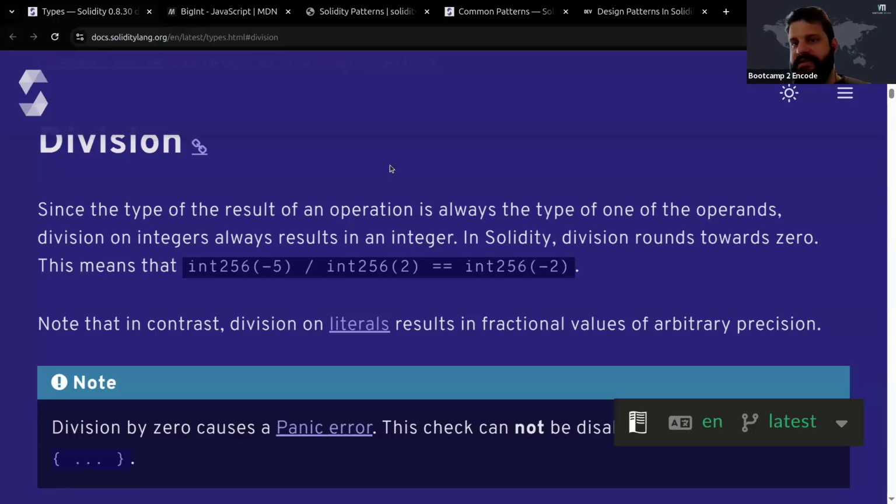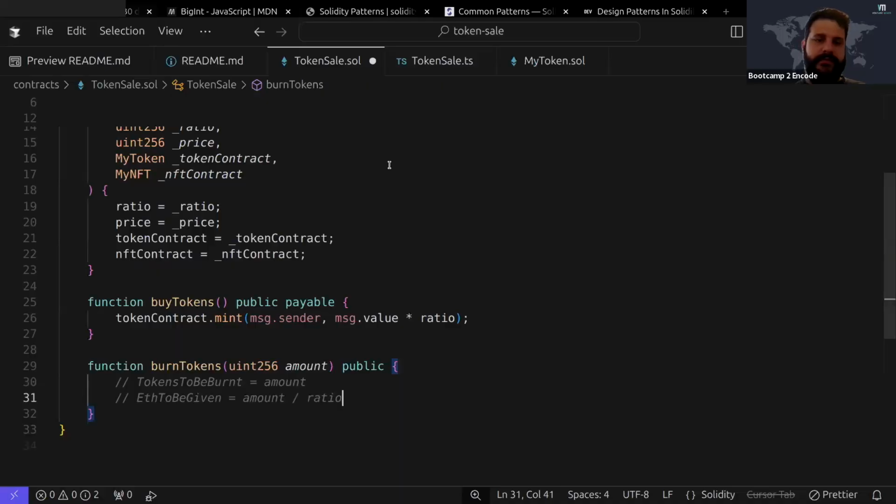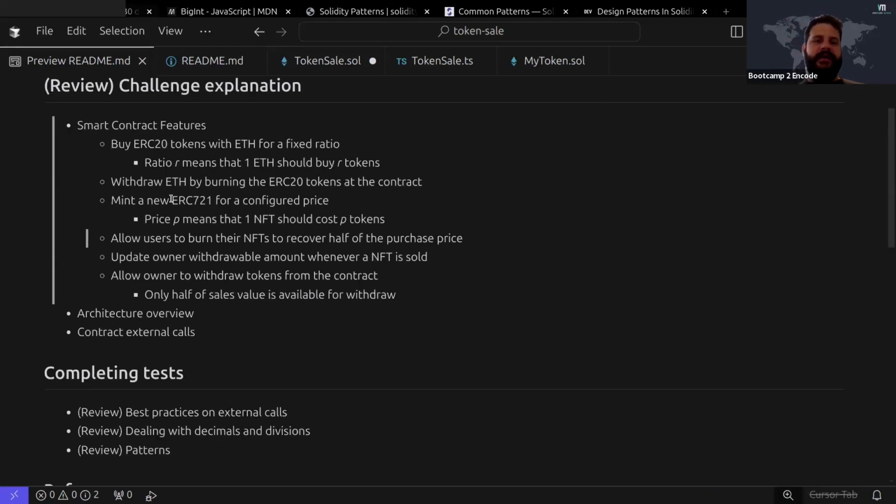For example, in this situation, instead of using ratio, I could use a price per token. And every time I burn tokens, I'm going to give ETH back the amount multiplied by the price. And if I wanted to subtract that, it's going to be minus the amount multiplied by price. Okay. Here with buying the NFTs would be clear.